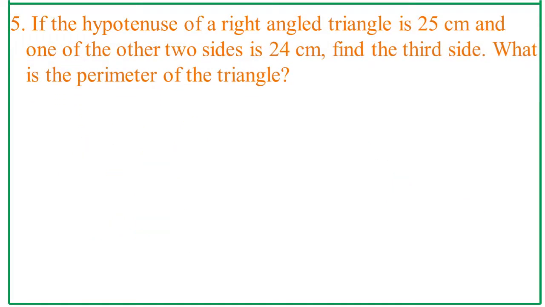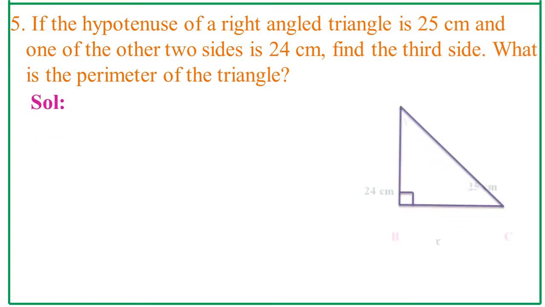Let's see fifth one. If the hypotenuse of a right angle triangle is 25 cm and one of the other two sides is 24 cm, find the third side and what is the perimeter of the triangle. Let us find the solution. Look at the figure. ABC right angle triangle, perpendicular side 24 cm, and the other side, the base, is not given.